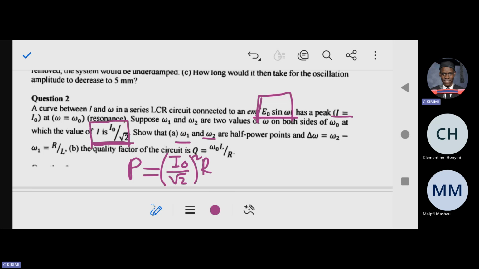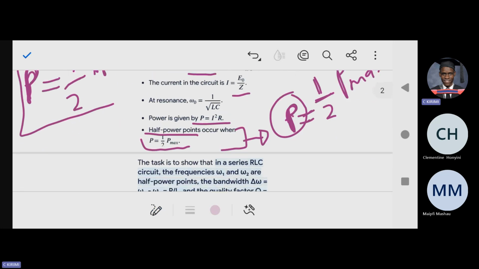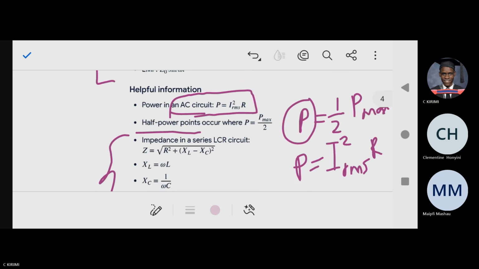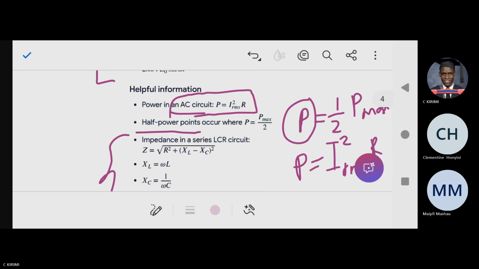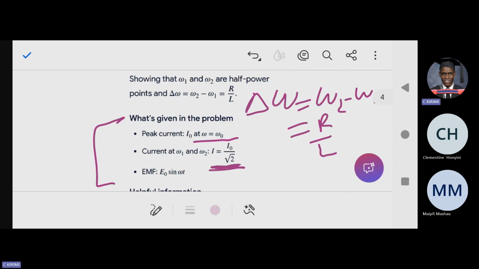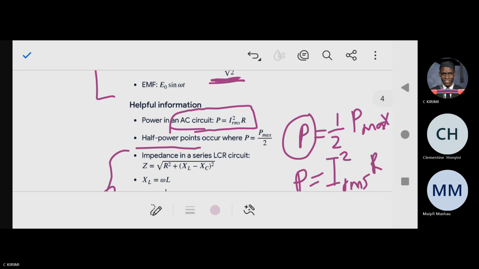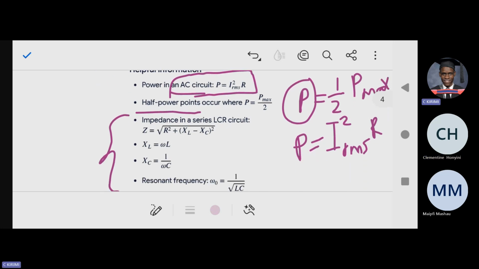So this information is coming from the question: the EMF, the current at W1 and W2, and also the peak current I naught at omega naught. Then those are the formulas which I said you must know.